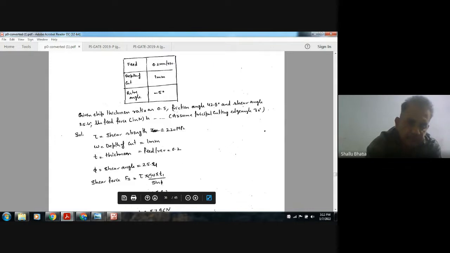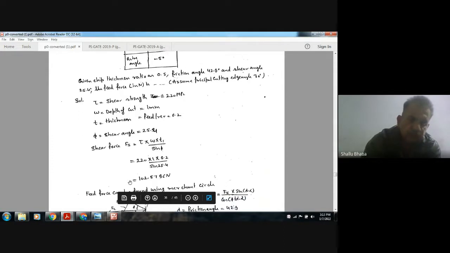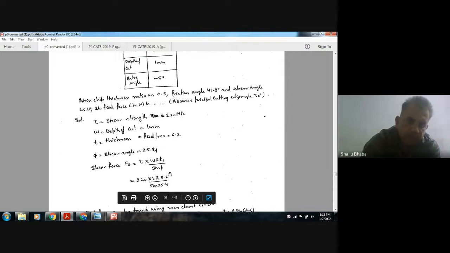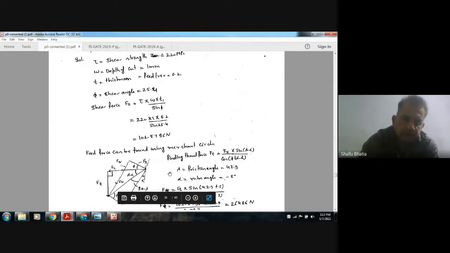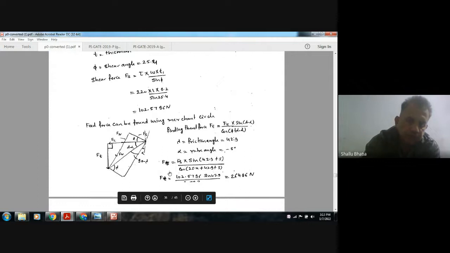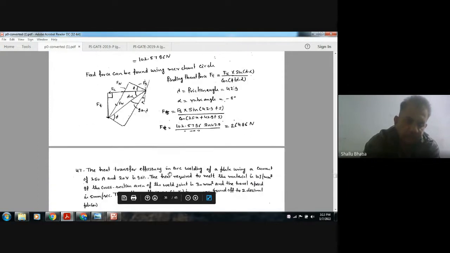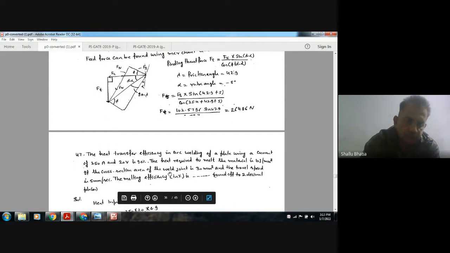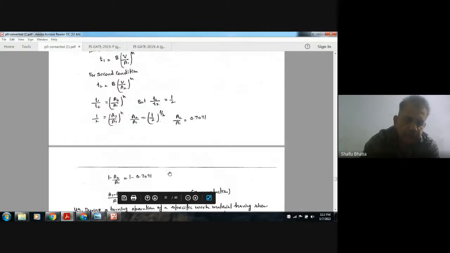So this is the area for the shear stress, and this is shear stress. So the shear force is 102.5796. Now what we have to find out is the feed force. To find out the feed force, we will first calculate the thrust force.